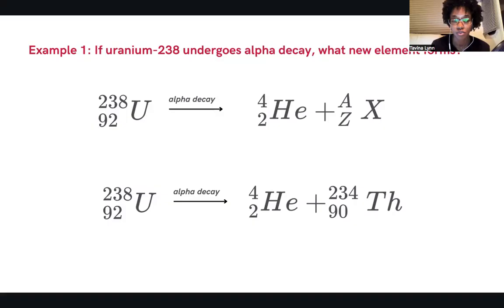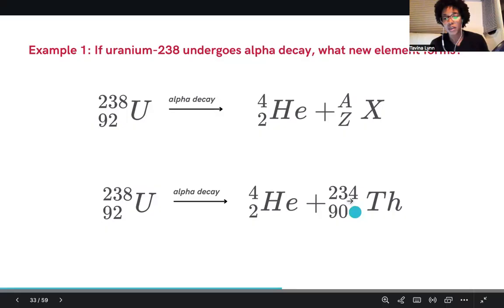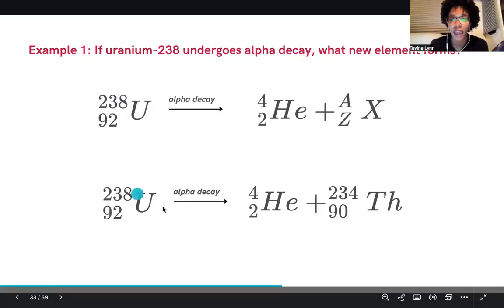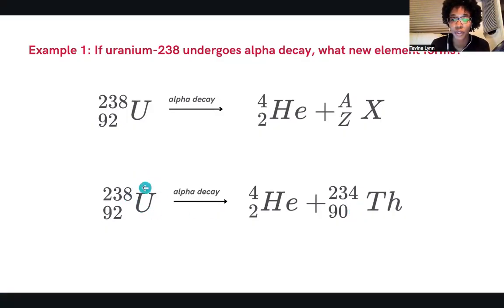I was about to make up a whole, and I'm not even going to tell you all what I was going to make up. So I'm glad I fact checked myself. Thorium. So we see, right, how uranium 238 literally changes identity and turns into thorium 234 via alpha decay.